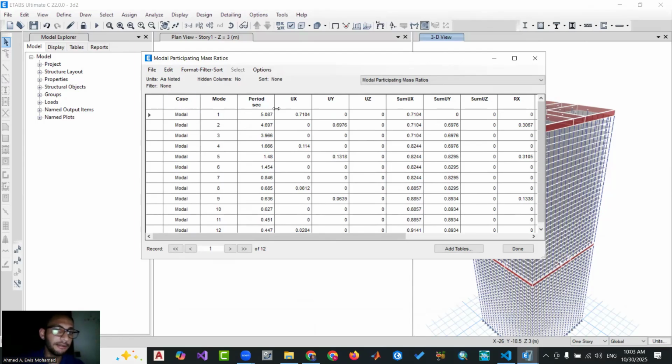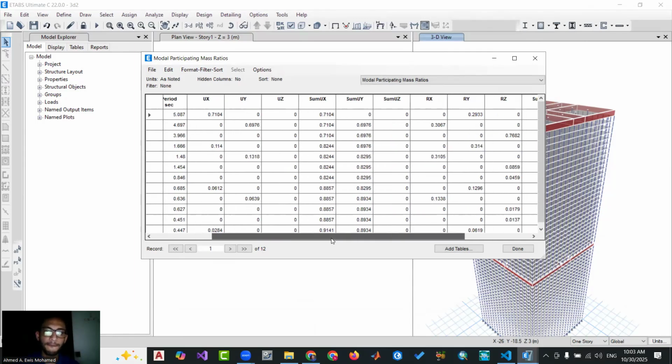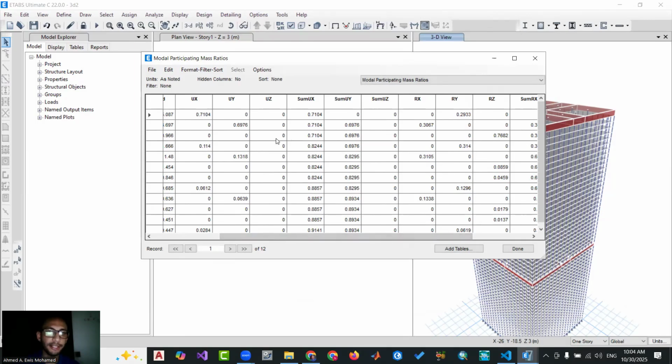And this mode 1 happens in which direction? UX. Okay, so 71% of the mass of this building goes in the X direction in this mode. And the second one goes in the Y direction. What about the third one? No X, no Y, you will find here RZ.